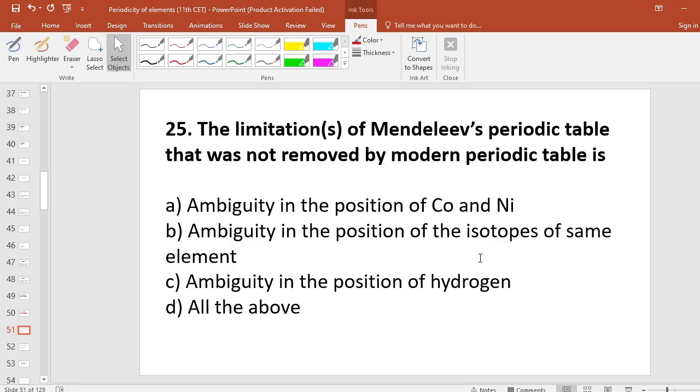And the third one is ambiguity in the position of hydrogen. This ambiguity is not removed till now, because we still don't know whether hydrogen has to be placed in the alkali metal group or in halogens. So the correct option is ambiguity in the position of hydrogen.